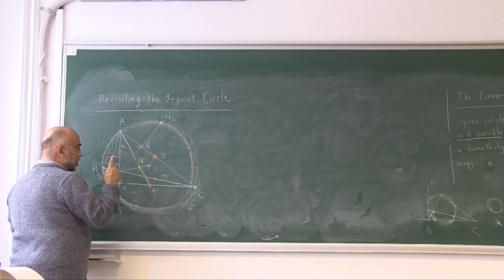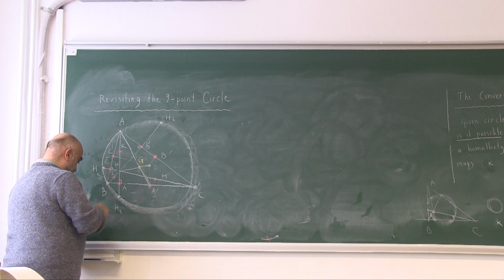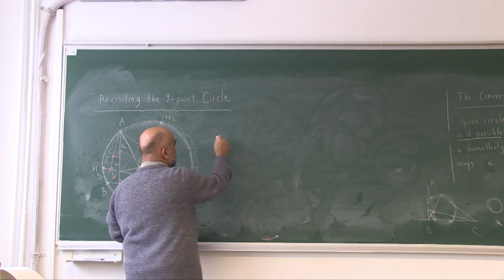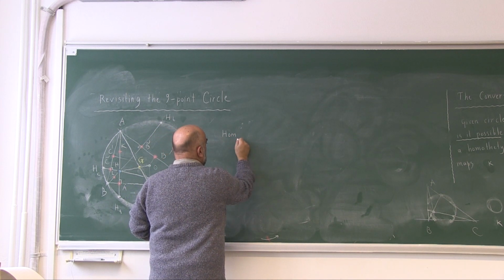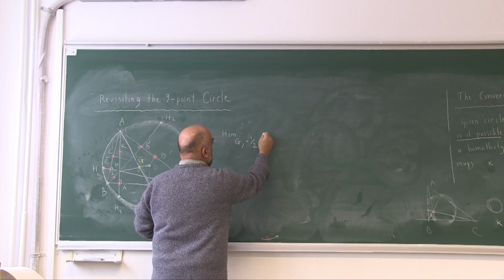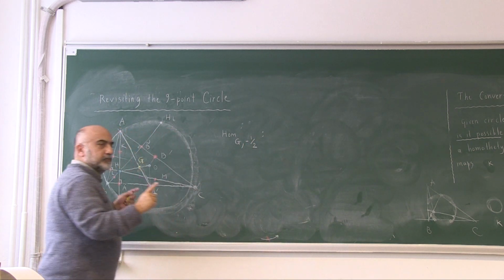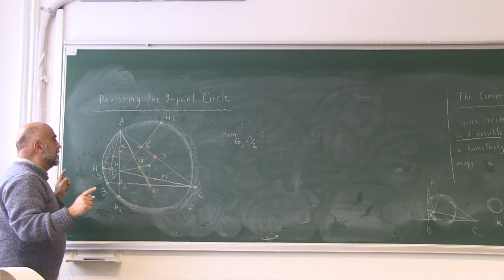So if I take the homothety with center G and ratio of similitude -1/2, I want you to observe what happens.